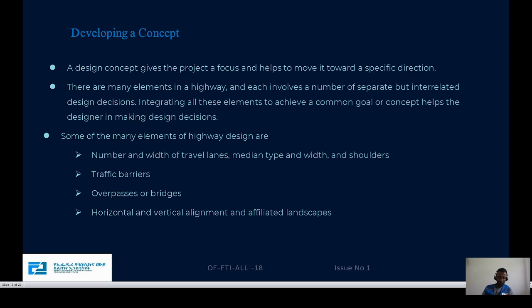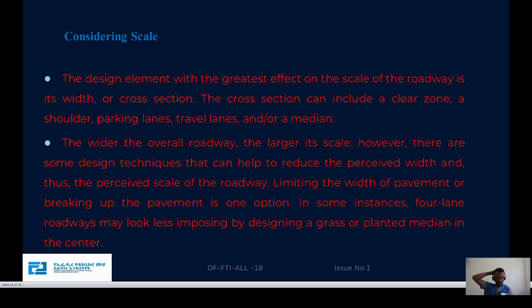Considering the scale, the design element with the greatest effect on the scale of the roadway is its width and cross section, that is, how much the project will be increased. The cross section can include clear zones, shoulders, parking areas, and medians, and the wider the overall roadway, the larger its scale.